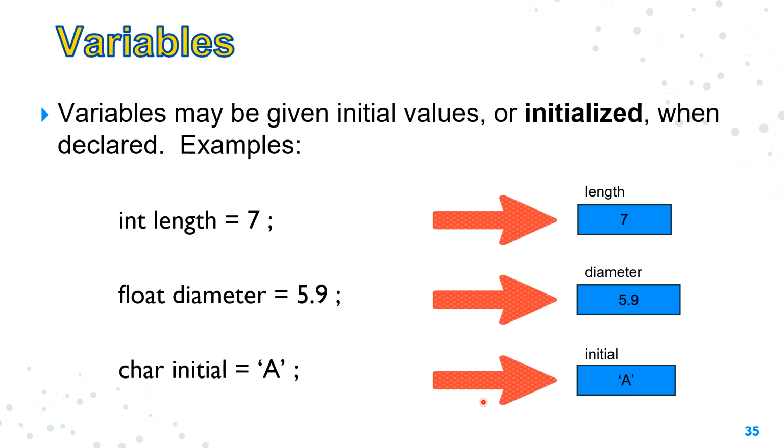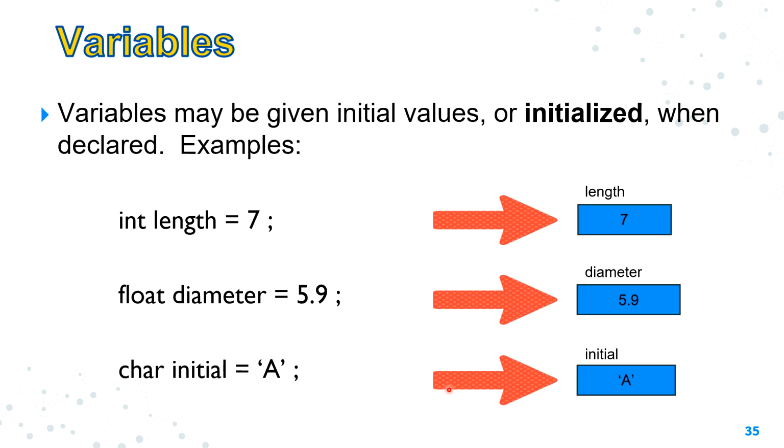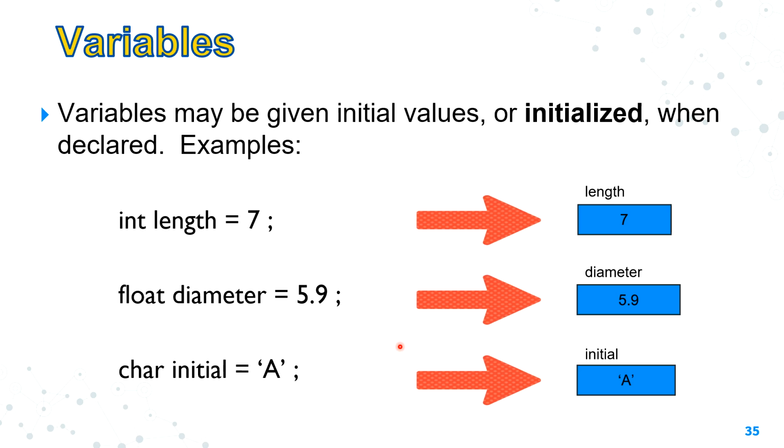Initializing variables is a good programming practice because it ensures that variables start with a known and meaningful value rather than containing random or nonsense values. This will help prevent unexpected errors during program execution. So, whenever possible, try to initialize your variable at the time of declaration.